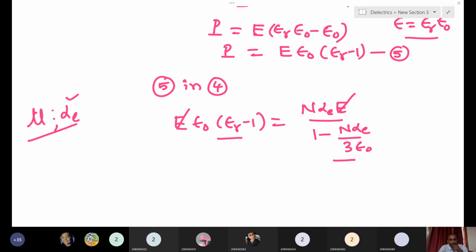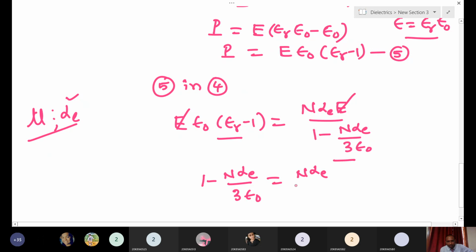So here I am bringing this term to the left hand side, 1 minus n alpha by 3 epsilon naught, and here I am bringing n alpha by epsilon naught into epsilon r minus 1.